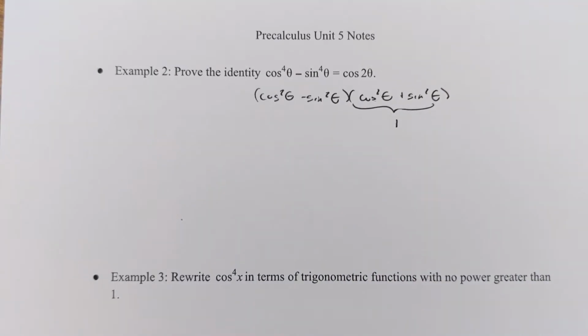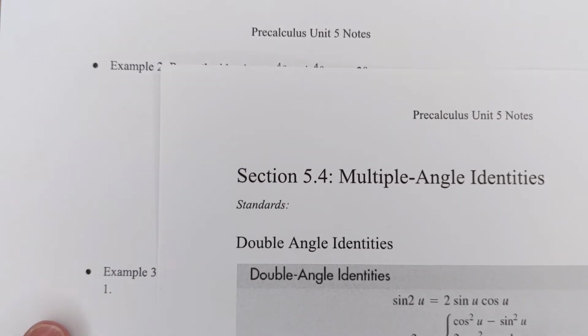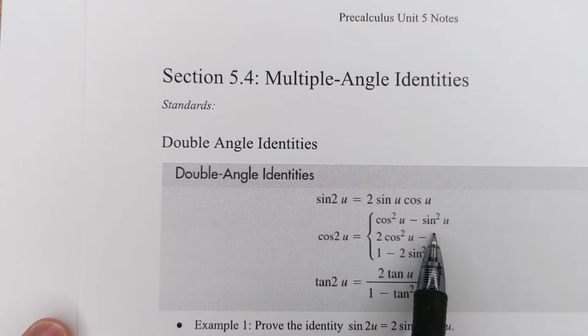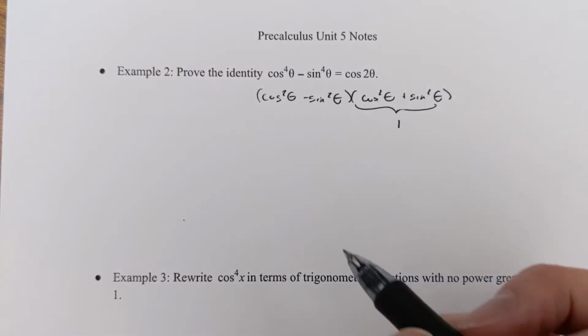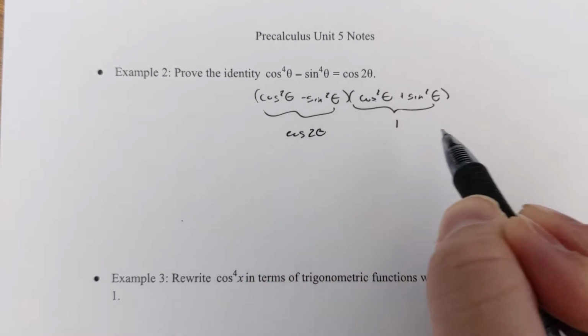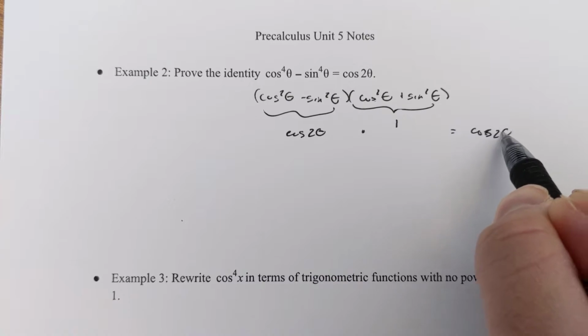And if you look at your formulas, cosine squared minus sine squared is the same thing as the cosine of 2 times the angle. So all of this is just cosine 2 theta, which is what I have on the right.